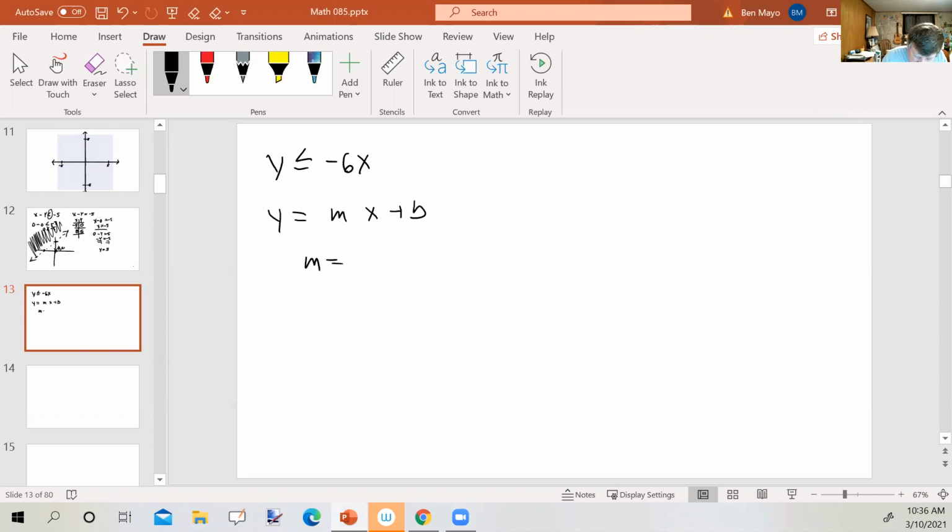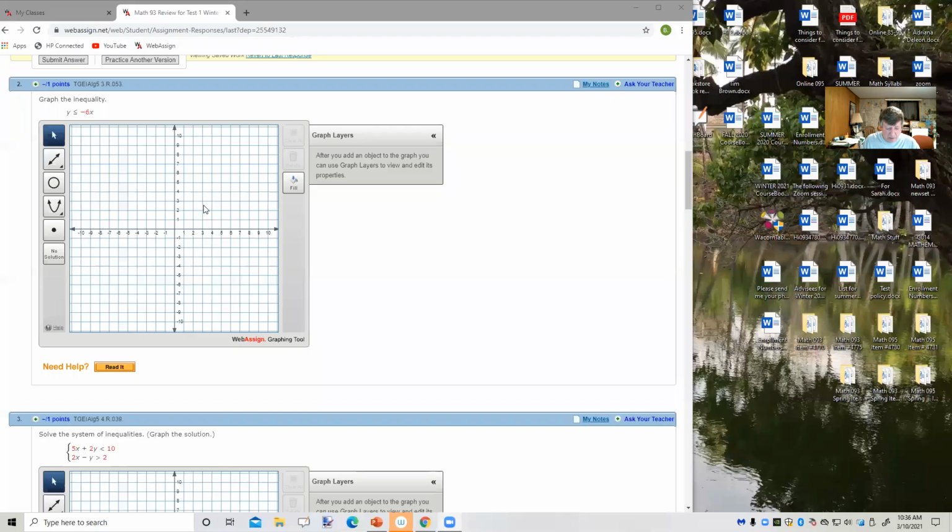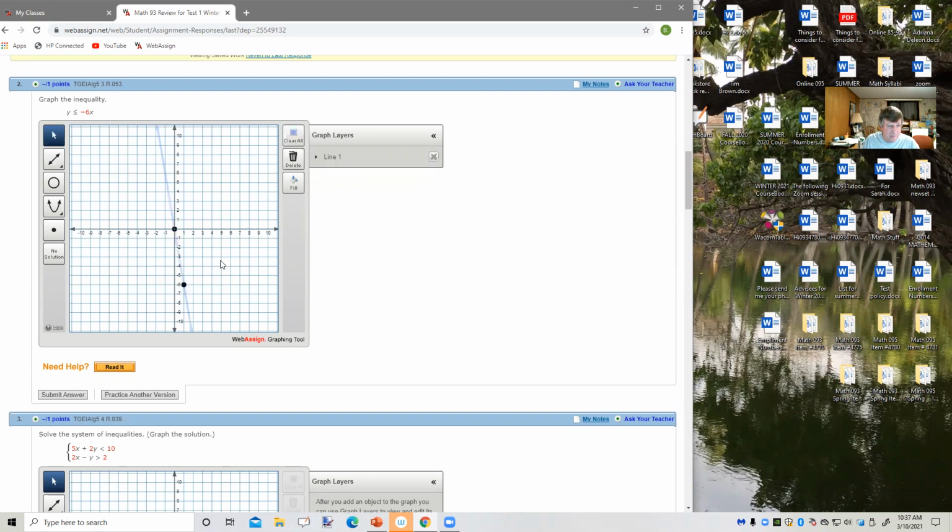The slope would be -6 and the y-intercept would be 0. Okay, so using that information, I could go back here and say, okay, I need a solid line. The y-intercept is 0. The slope is -6. So I'm going to go down 6 and over 1.